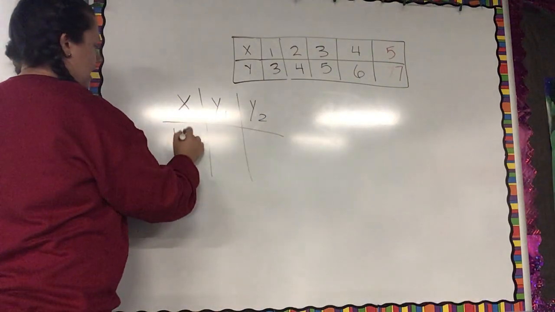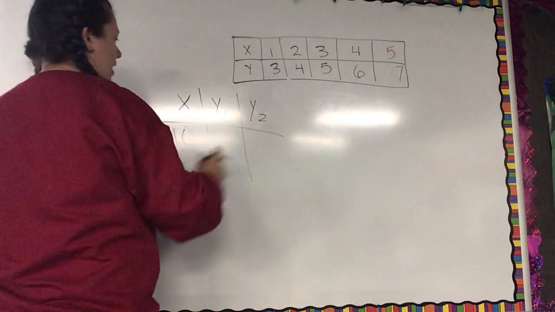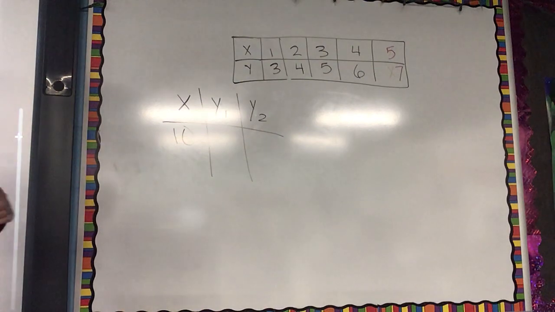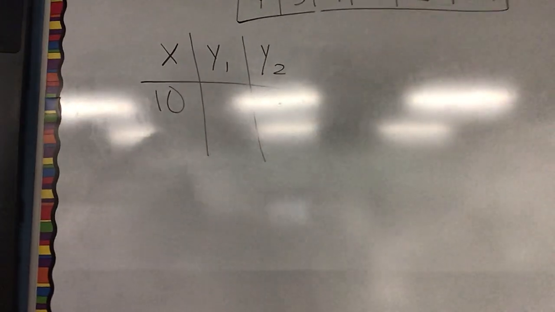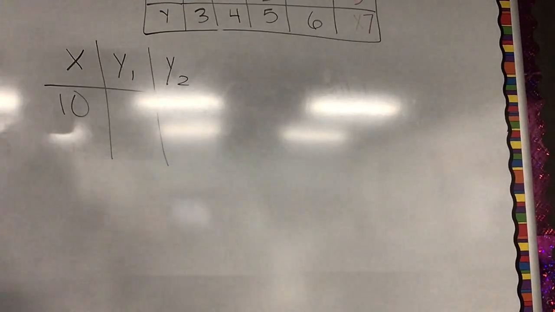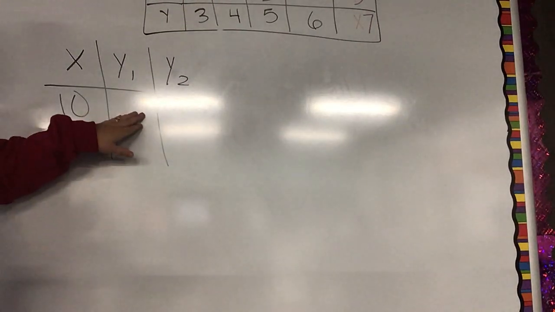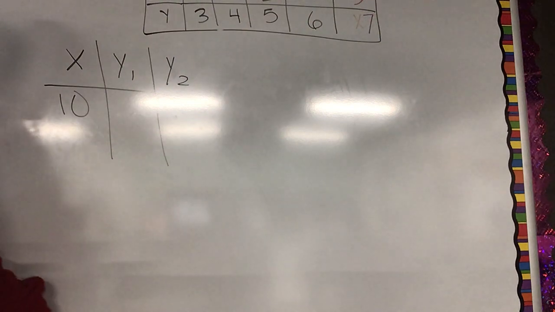If x is 10, they want to know what would y1 and y2 be? Using our rule. Ooh, we have a horrible glare there. So if x is 10, tell me what is y1 and y2 in your math notebook now.